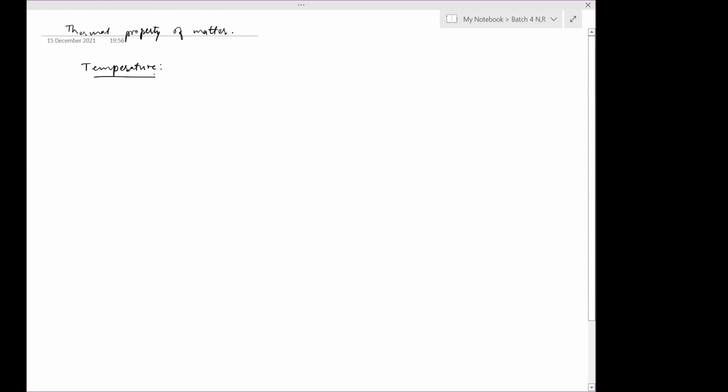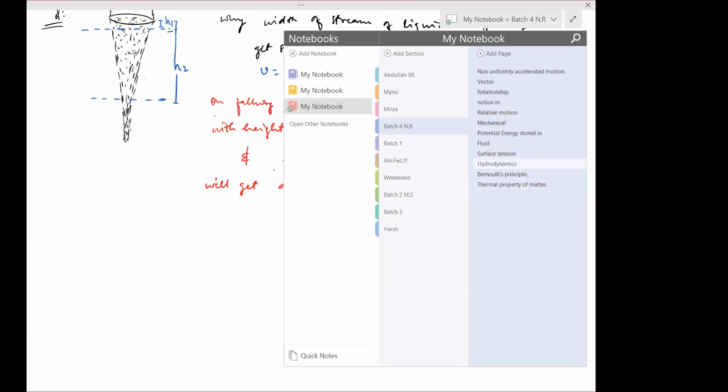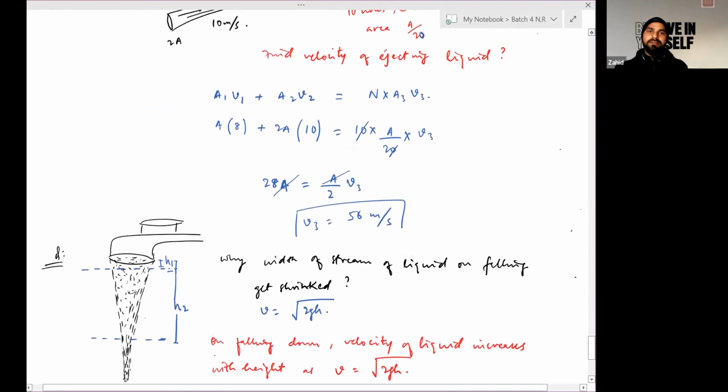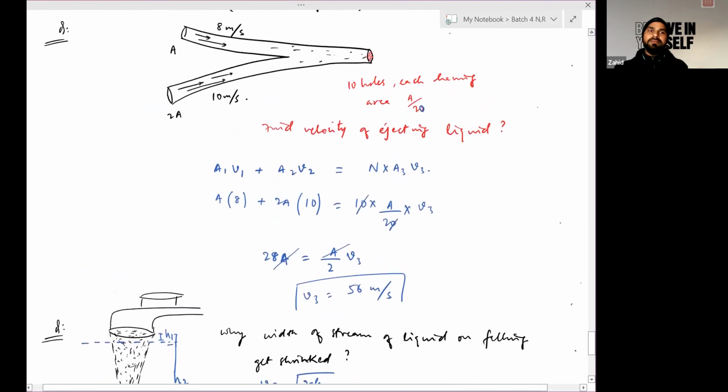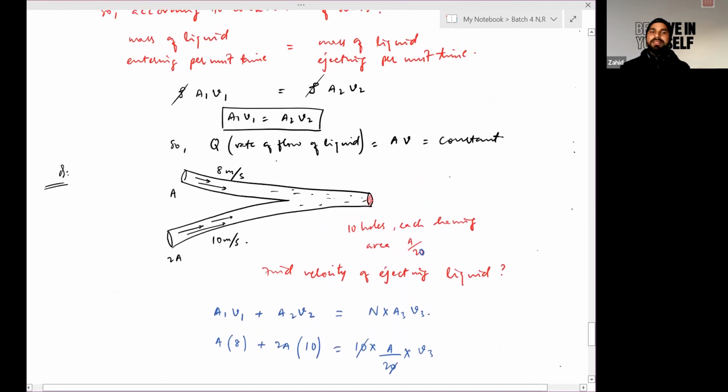In the previous chapter, the Reynolds number, there you explained the rate of flow of liquid, Q equals volume of liquid flowing by tube. Can you repeat that part again? I define Q as the rate of flow of liquid, which means the volume of liquid flowing per unit time.